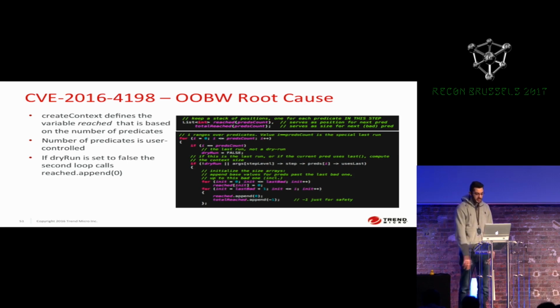In this case, the preds count is controlled by the user, and later there's a call to reached append 0. So if a user defines a certain number of preds count, they will be able to trigger an integer wrap, and that value is then passed to an allocation, and we'll be able to write out of bound.